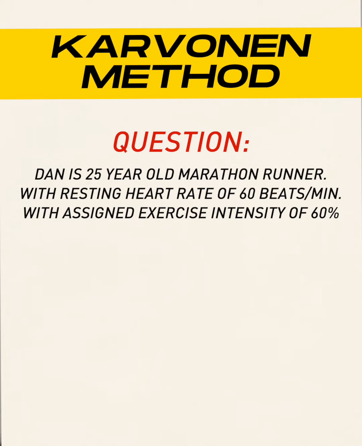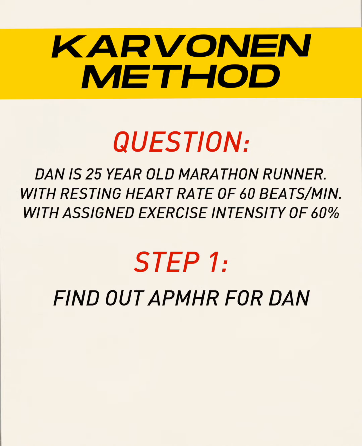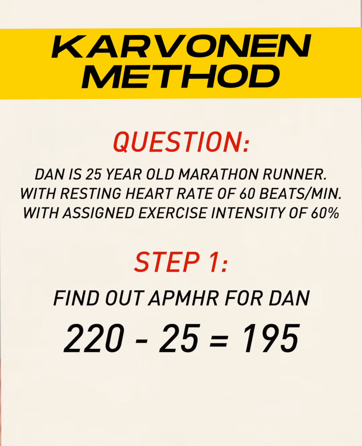So this is how we are going to start. First, we need to figure out Dan's age predicted maximum heart rate. What do we need to do? We have to subtract Dan's age from 220 because that's the formula. When you subtract 25 from 220, we get 195. So that's Dan's age predicted maximum heart rate.